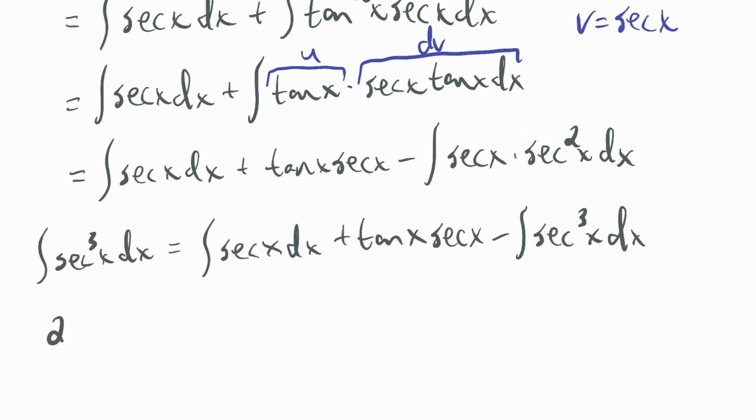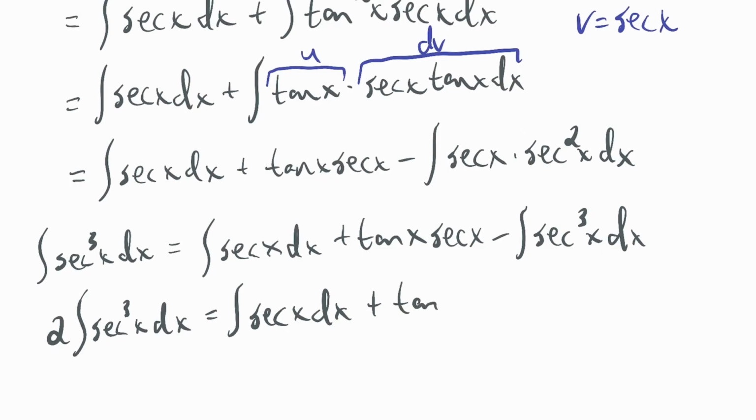So I get 2 times the integral of secant cubed x dx equals the integral of secant x dx, which we know from Cal 1, plus tangent x secant x. And at this point, I'll put plus c.